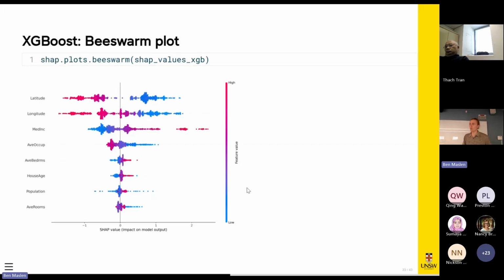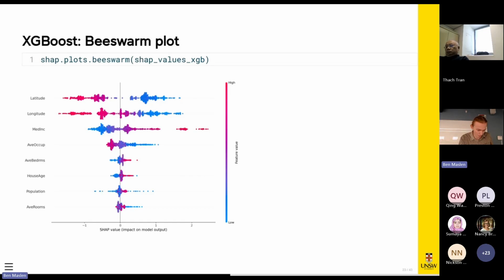We can get out our beeswarm plots again as well. Okay, it looks a bit different to what we saw for the linear regression model, and well, a couple of things, right? One thing you might notice is that we no longer have a linear trend from blue to red in here.